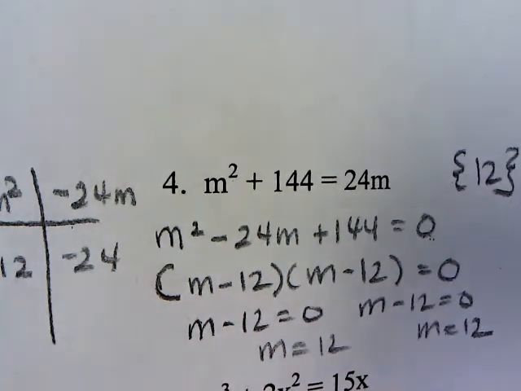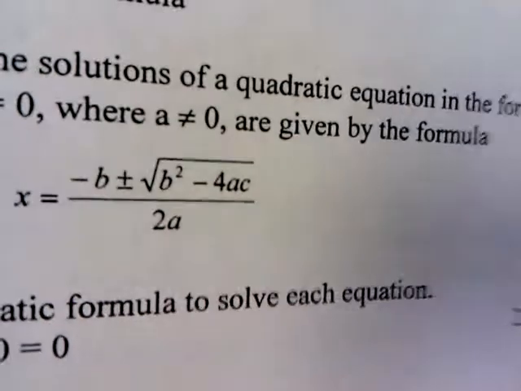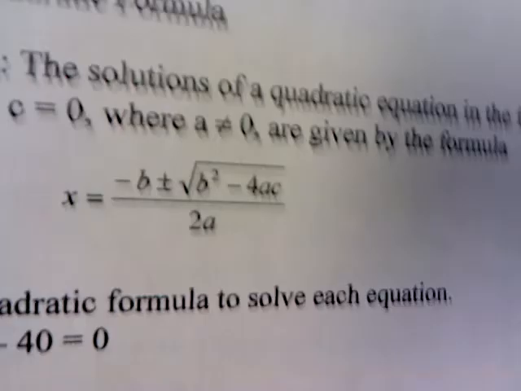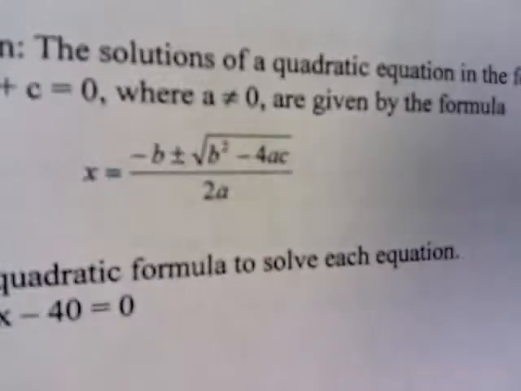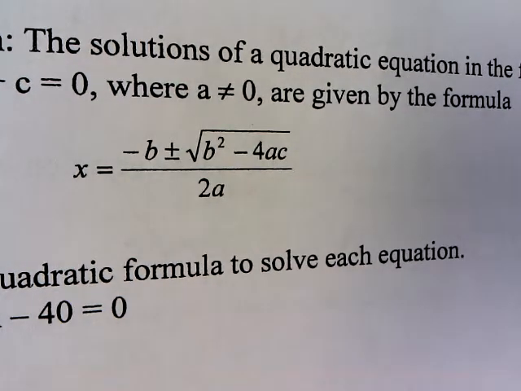The second part of our notes today had to deal with our quadratic formula. With the quadratic formula, again, this is the quadratic formula. It says x equals negative b plus or minus square root b squared minus 4 times a times c, all divided by 2a.